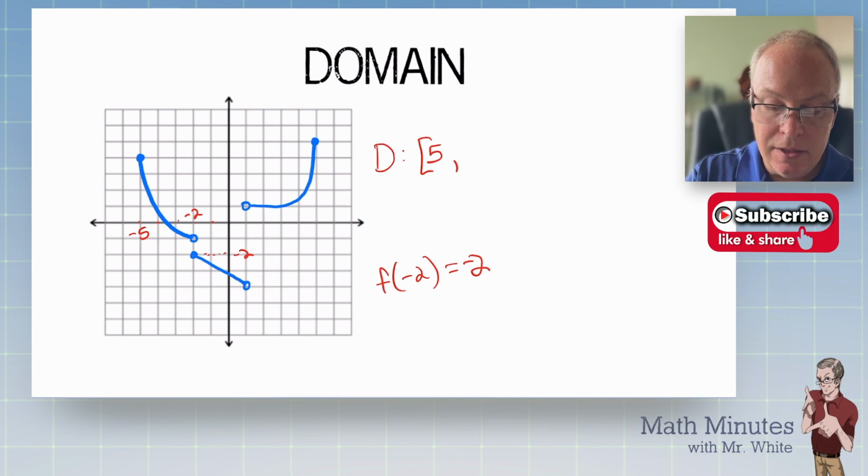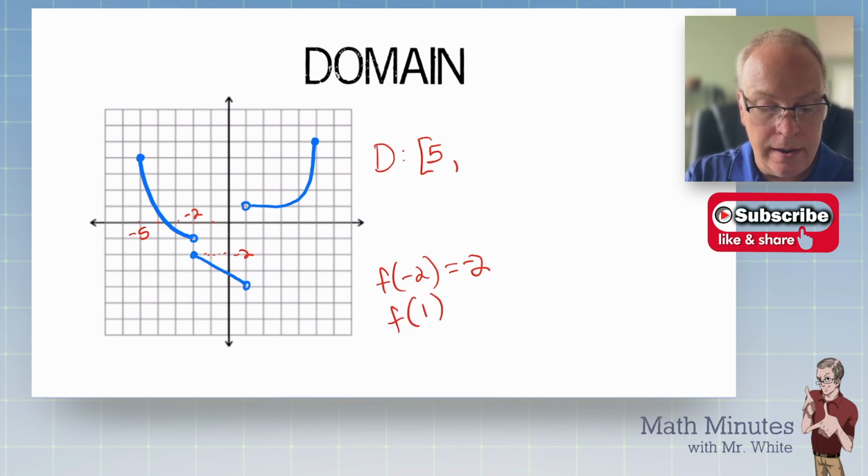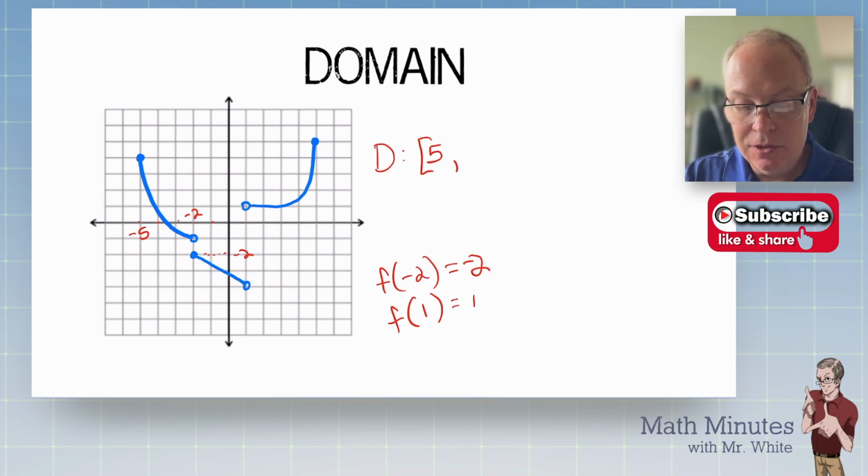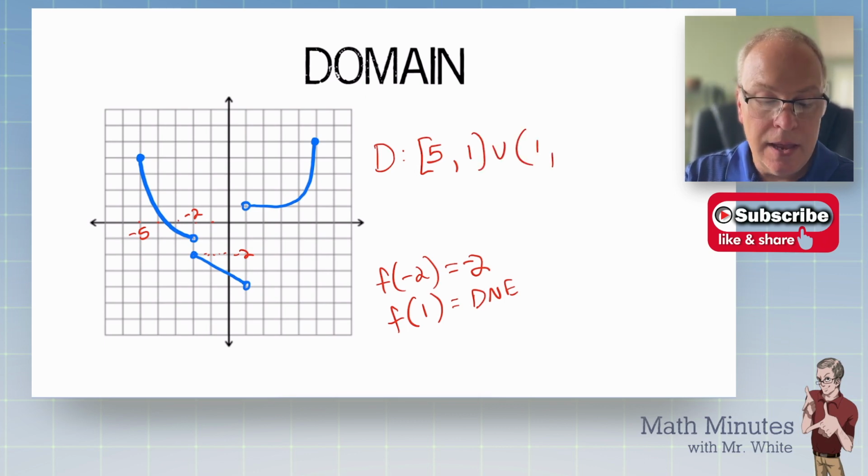But look at that. The next one, f of 1. F of 1 is an open circle there and there. So at 1, that's where it does not exist. So we have a does not exist situation. So we're going to go all the way to 1, and we're going to skip that number. And then, do we go to infinity? No, not quite, right?